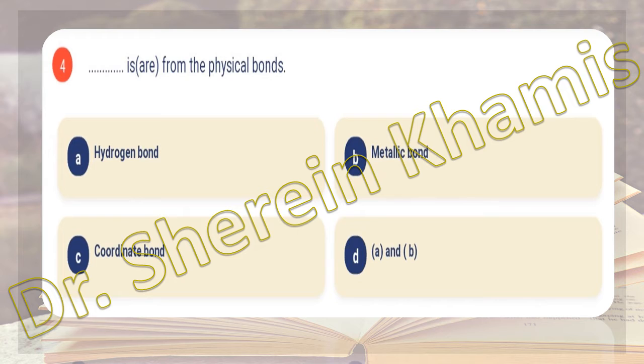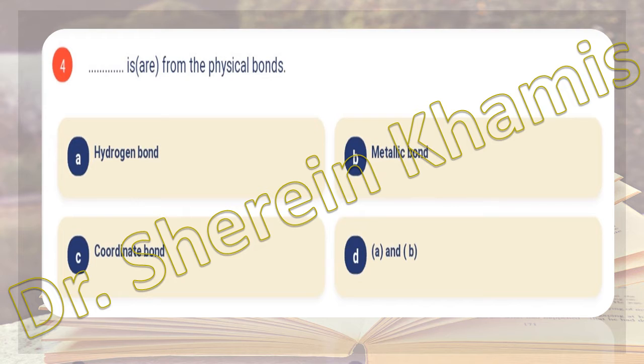The metallic bond is an effect on the element itself, and the hydrogen bond may be present in a substance that has high polarity, so it will make elasticity in the bond and a physical character that belongs to the substance only. So we call them physical bonds.